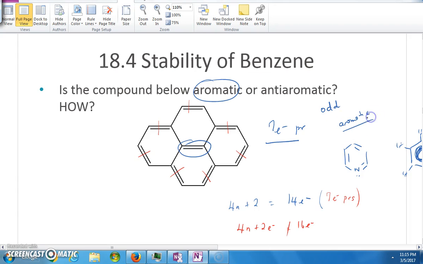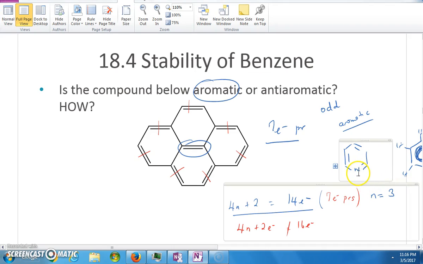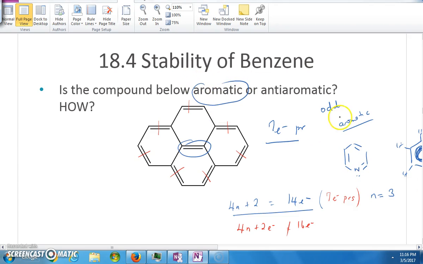It has a total number of electrons equal to 14, for 4n plus 2 equals 14, where n, as you can see here, will be equal to 3. Because n is a whole number, we can say that this molecule is aromatic. It's not anti-aromatic, it's aromatic because it has an odd number of pi electron pairs. So that's very important.